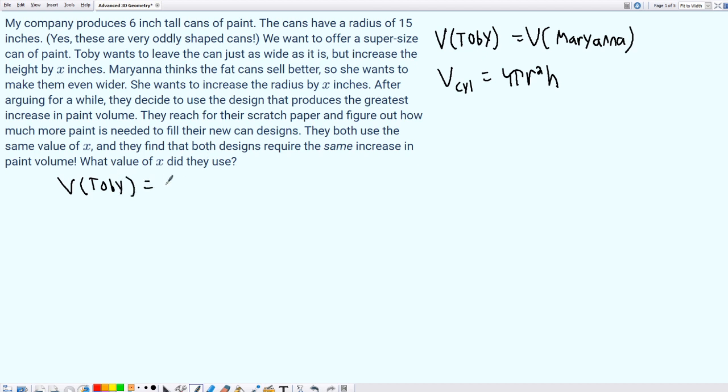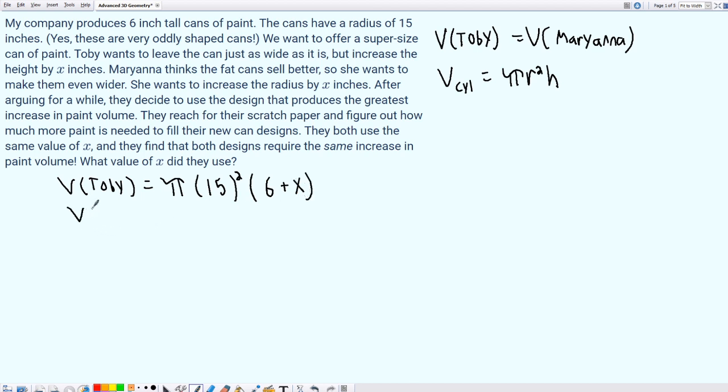Okay, so we have pi. Now, in Toby's can, it's just as wide as it is, which means that the radius is going to stay the same, and we know that the radius is 15. So we're going to plug in 15 squared, but the height is going to increase by X inches. So we're going to take the regular height of 6 inches and add a value of X to that.